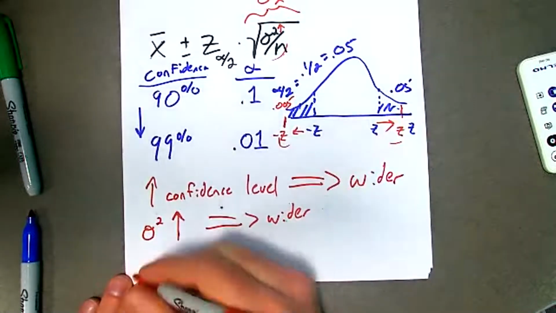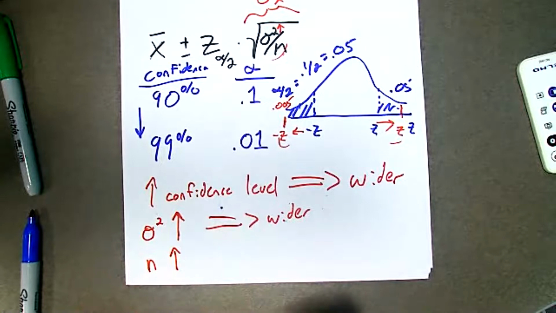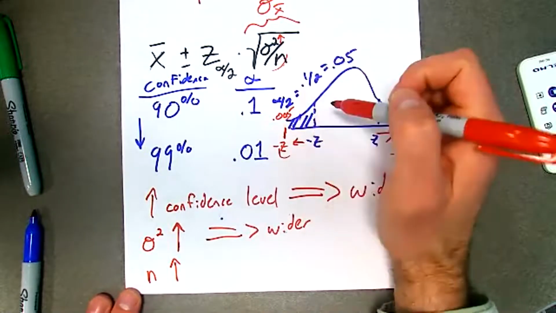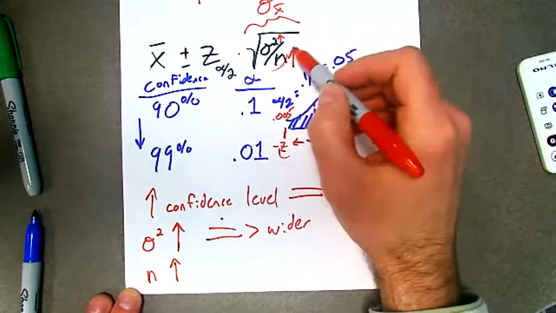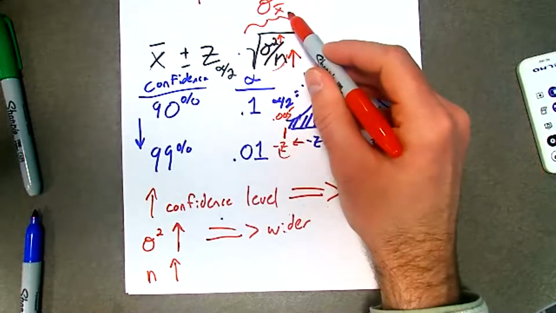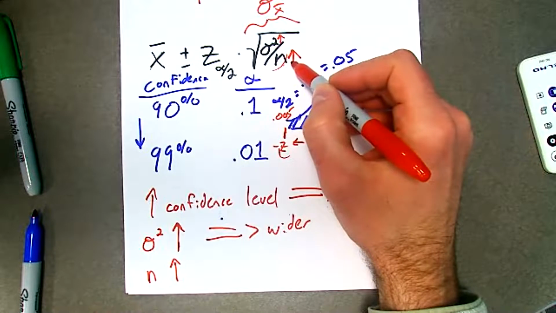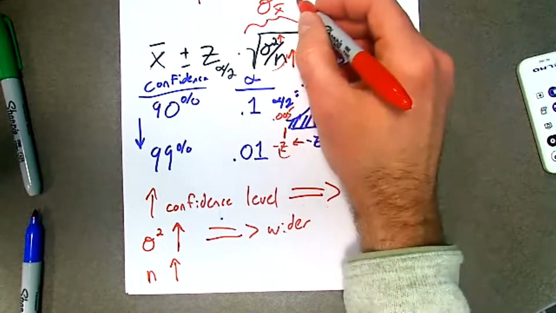The third thing that we have more control over is, what if we took a higher sample size? Okay? So let's say my sample size goes up. What's going to happen to the standard deviation of my sample means, this entire fraction? If my denominator gets larger, the fraction is going to get smaller, right?